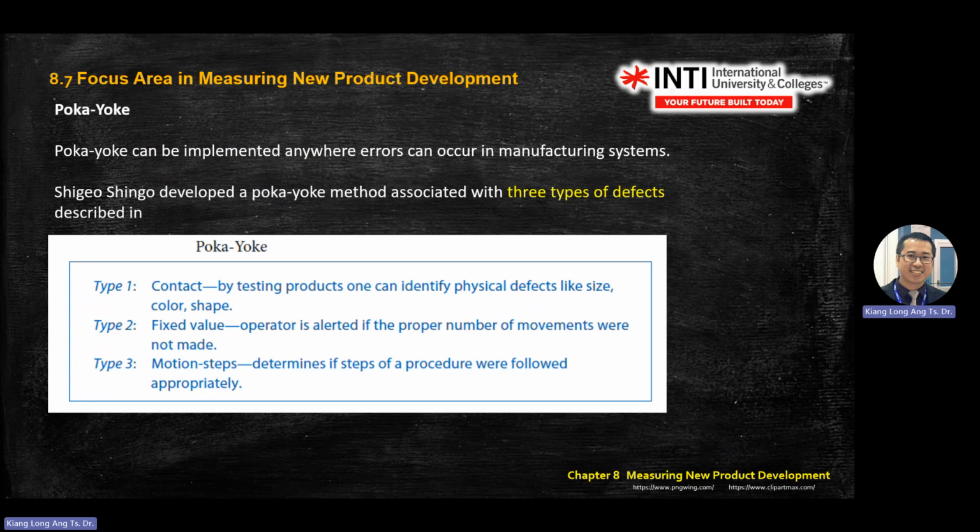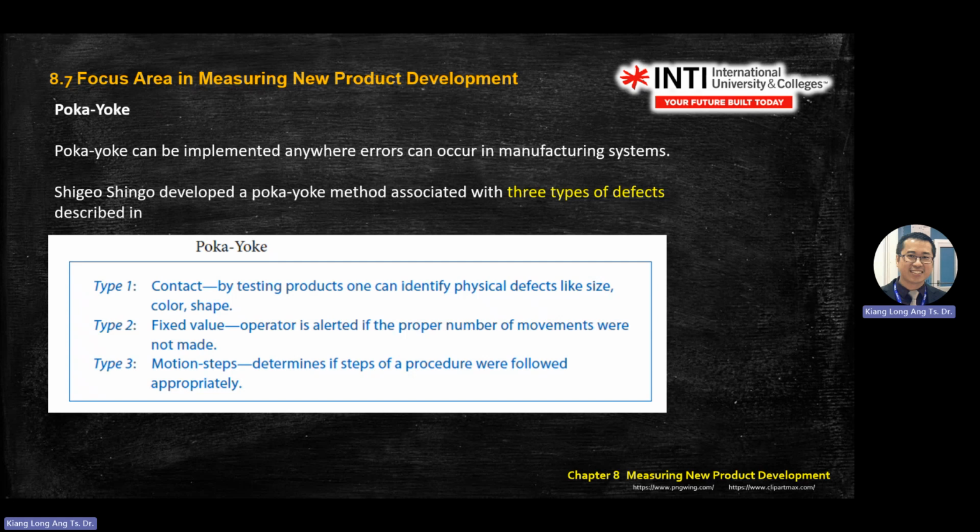Force reset. You press all the buttons. That one is also a poka-yoke approach. Means you set the fixed value. If 111 means the buttons you press are programmed as 1 and 0. So if you have three 1s in the buttons, then the system will know you actually want to reset the phone. The third type of poka-yoke, you use motion, means this one you must follow the procedure.